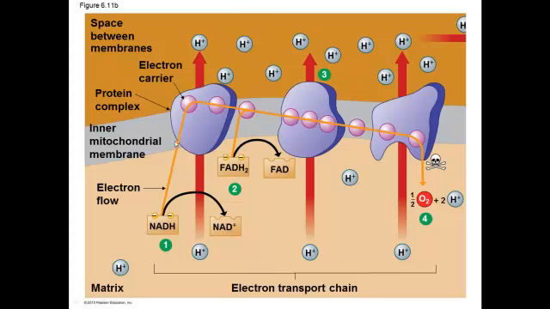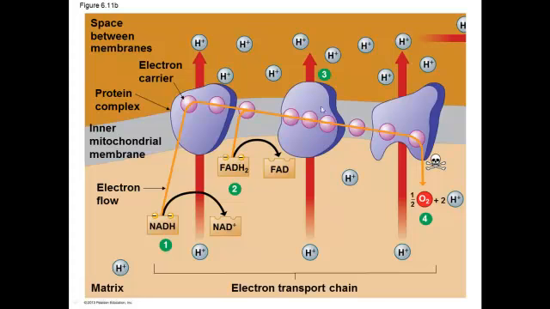So what happens in this electron transport chain is that as the electrons are moved through each protein, an H+, a proton, is pumped out of the matrix to the space between the membranes of the mitochondria.